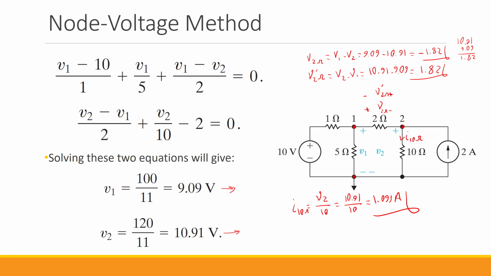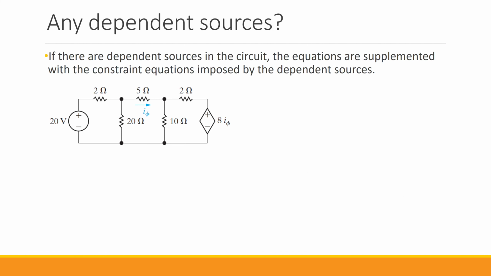So now that we have this, let's take a look at a little bit more complex circuit. Let's see if we can get it to the same point as before. Basically, get from the circuit to a set of linear equations. As you can see here, we have a 20-volt independent voltage source.